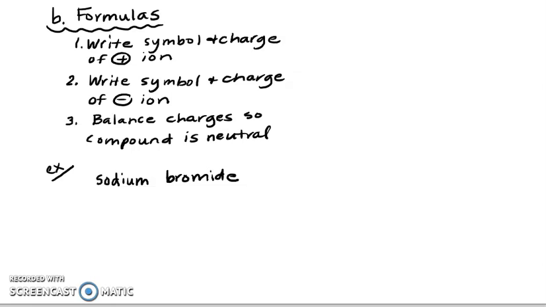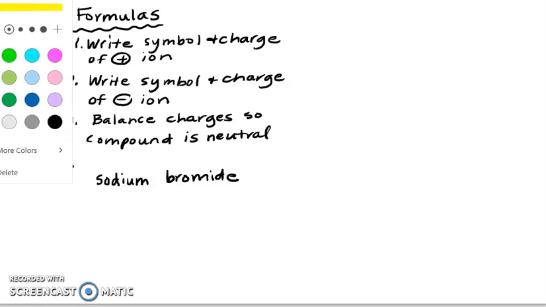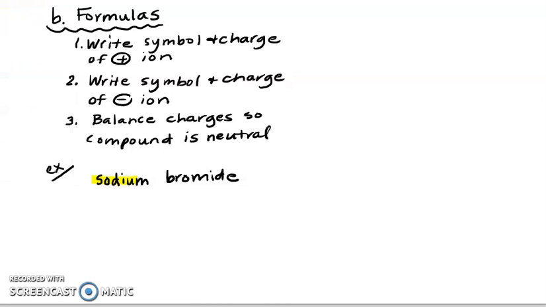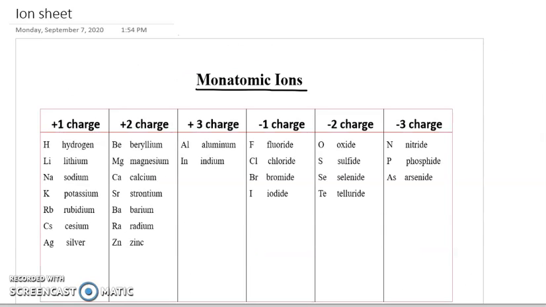So it says to write the symbol and charge of the positive ion, and you might be thinking, which one's positive? We learned the other day that the positive ion's always written first, so I'm going to look for sodium on my ion sheet. So I'm going to hunt for the name sodium, and this is what's going to take the longest. Now, the positive charges are all here. Those are the ones that are going to be written first, so I can look there first.